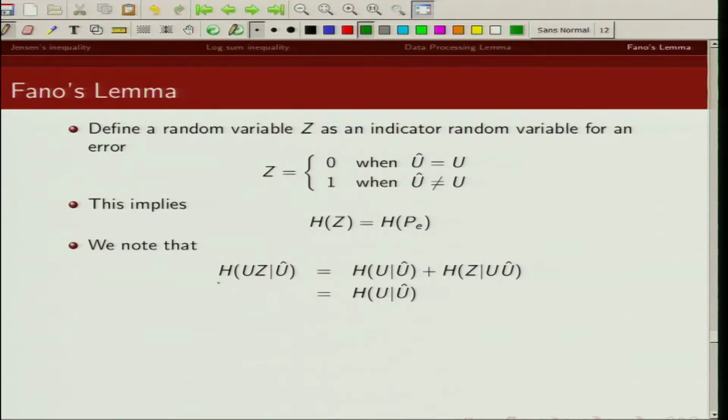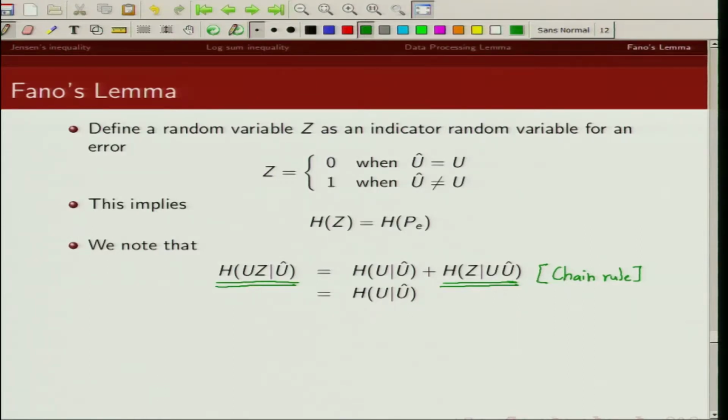Now let us look at this term, uncertainty in u z given the estimate of u. If we apply the chain rule, what we get is uncertainty in u given u hat plus uncertainty in z given u hat is equal to this quantity. Now let us look at each of these two quantities. What is the uncertainty in z given u hat?